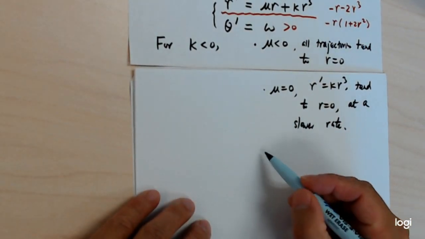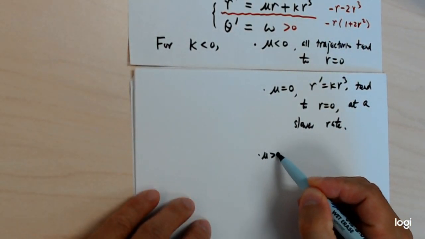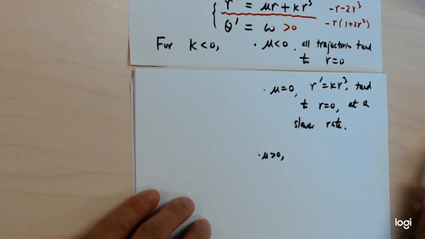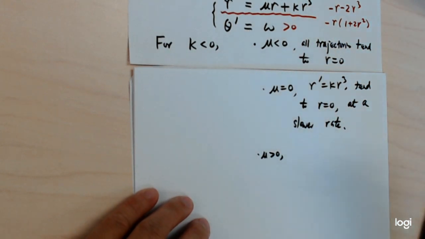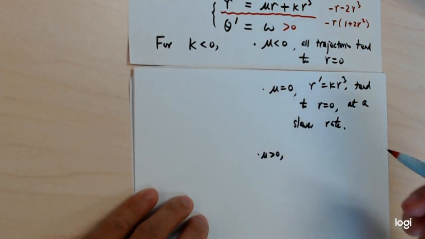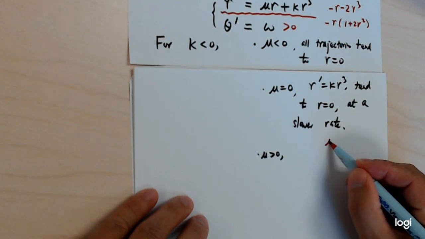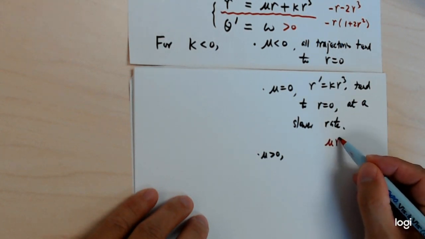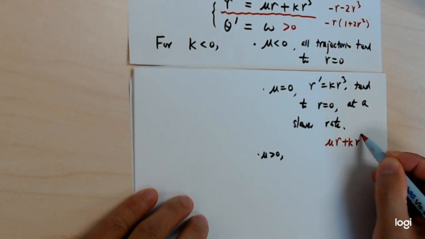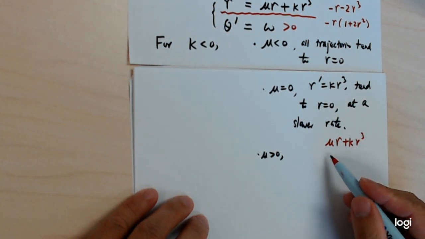Let's look at what happens when mu is positive. Now, when mu is positive, mu being a positive number, k being a negative number, you can factor out, say, mu r.